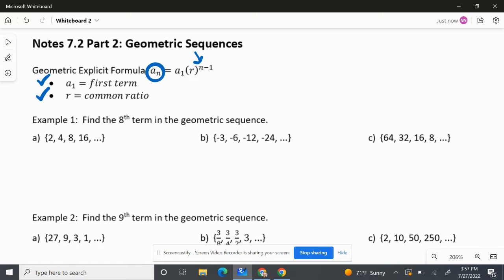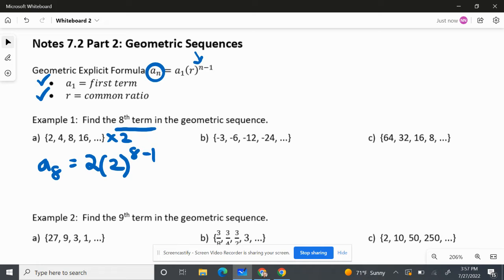For the first one, notice that we're finding our 8th term. We are going to go a sub 8 because we're finding our 8th term. Our first term is 2. Notice if we're following this pattern, we're multiplying it by 2. So 2 times 2 raised to the 8 minus 1. Now on the calculator, some calculators you could just plug in that exact form and it gives you the answer.